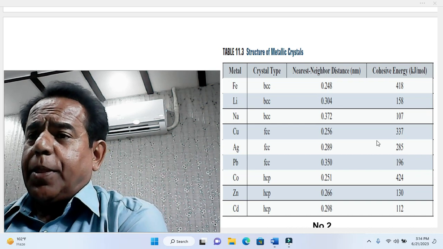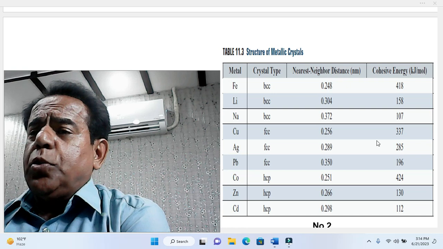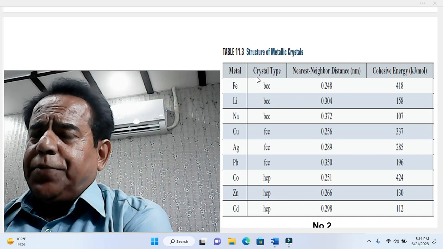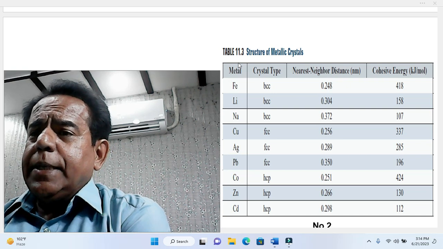So we have gone through the abstract of the first table.